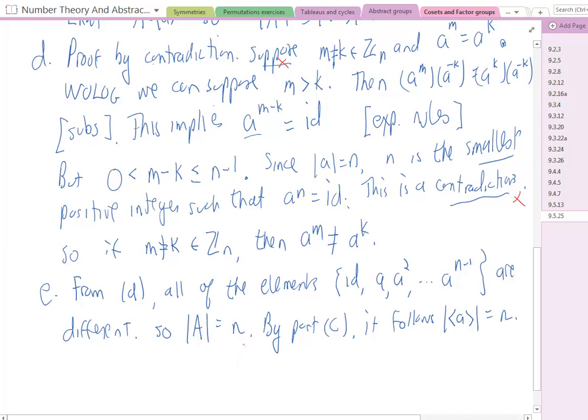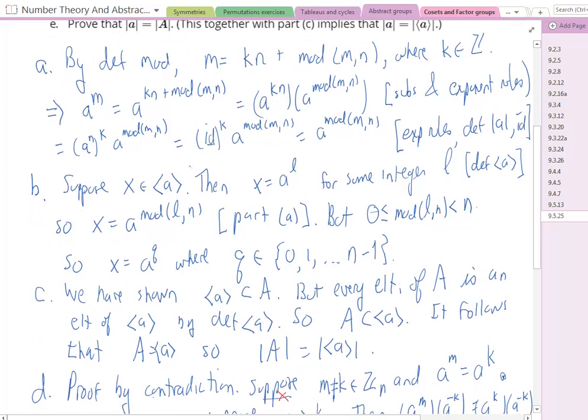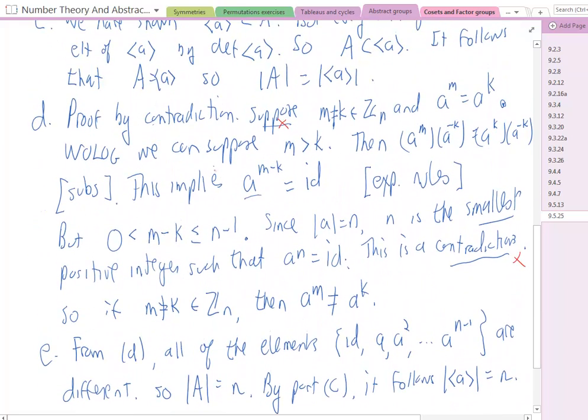Now finally, I need to show that the order of A is equal to the order of big A. So what I need to show here is, let me get my bearings. The order of a is n.